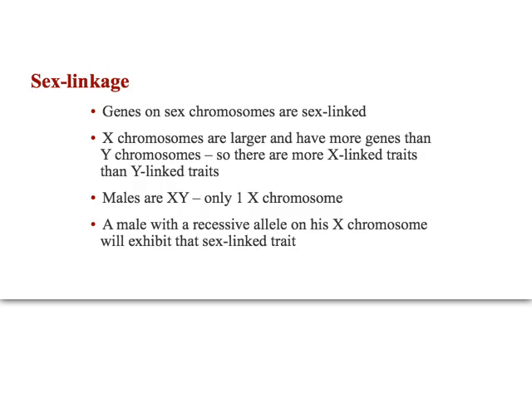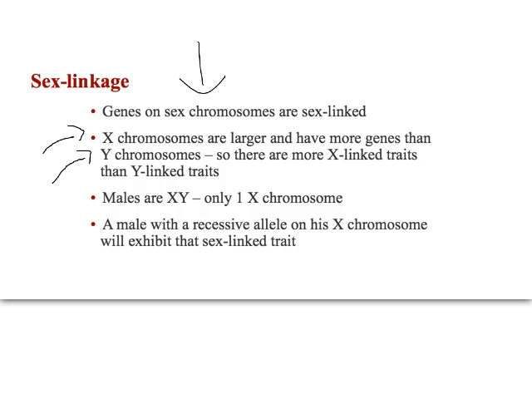The X chromosome, which is found in both males and females, is much larger than the Y chromosome, so it has a lot more genes. And most of the time, when we're talking about genes being sex-linked, we're usually talking about them being on the X chromosome. There are some genes on the Y chromosome, but they are much fewer.